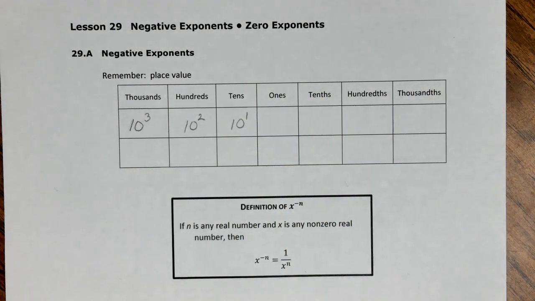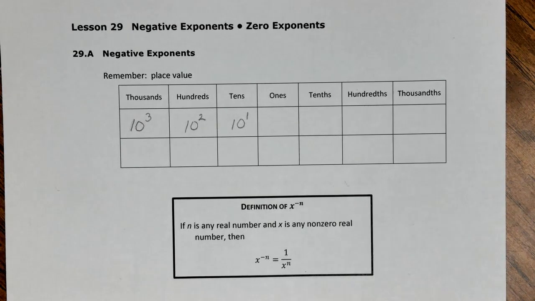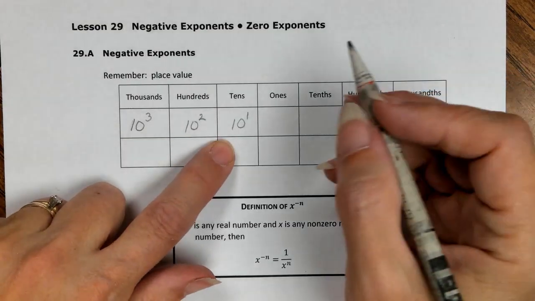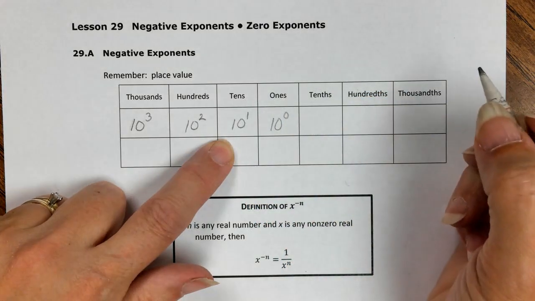Okay, and you see this pattern, right? As we go one place to the right, the exponent's going down. 10 to the third, 10 to the second, 10 to the first. Well, 1 must be 10 to the 0.